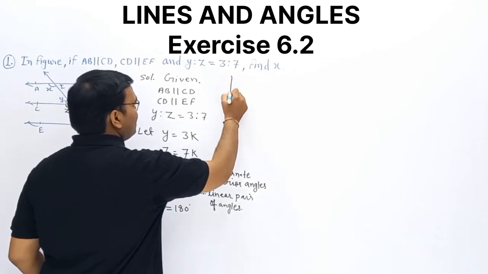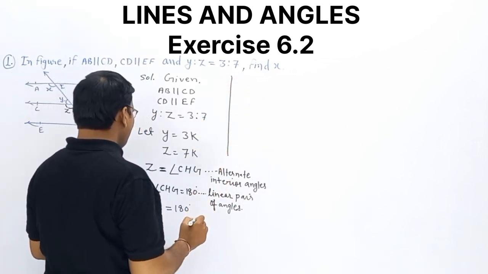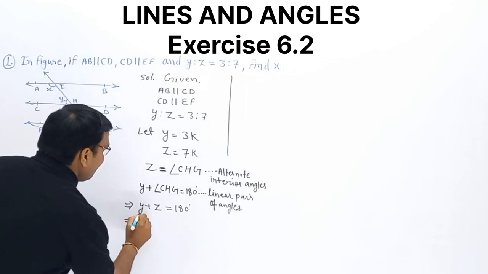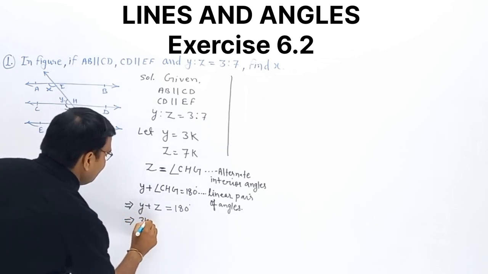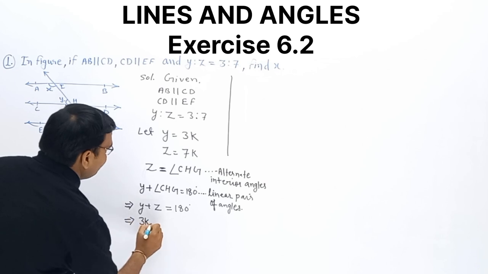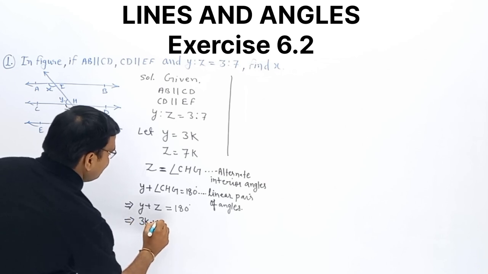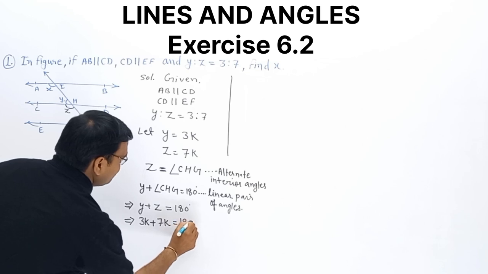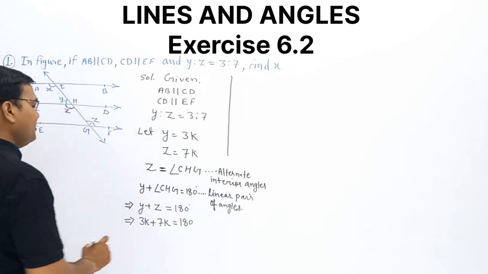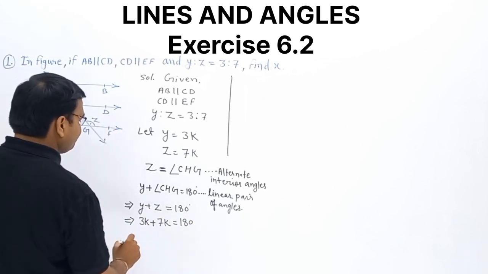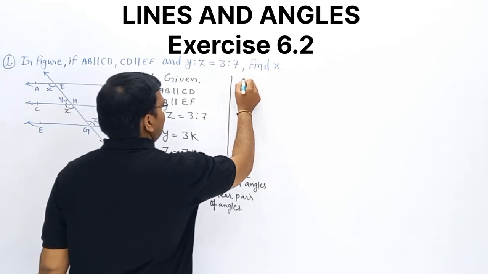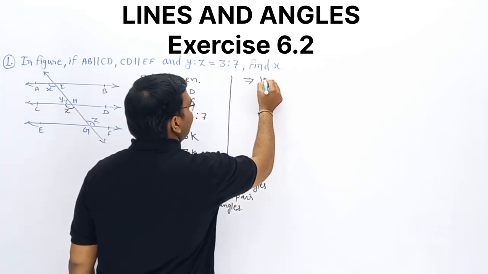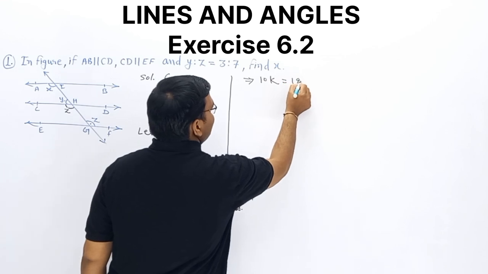Put the values we have in the question. So what are we getting? We can say y plus z. I am writing it there. Y equals 3k, the ratio we assumed, plus z is 7k, and the sum will be equal to 180. 7 plus 3 will be 10k equals 180.